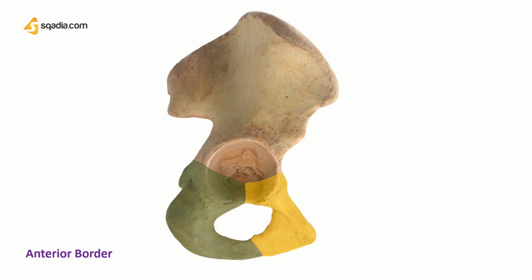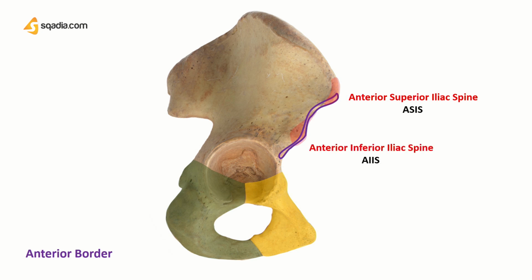Now, first of all, we'll be explaining the borders of the ilium. The anterior border starts from the anterior superior iliac spine, and it runs down to the acetabulum. There is a shallow notch there, and you must have noticed that we have these two spines located over here.